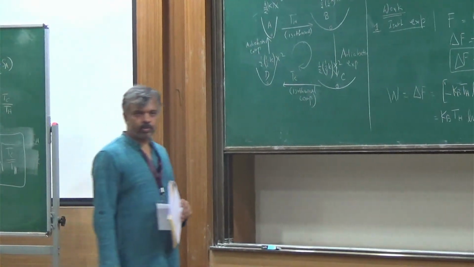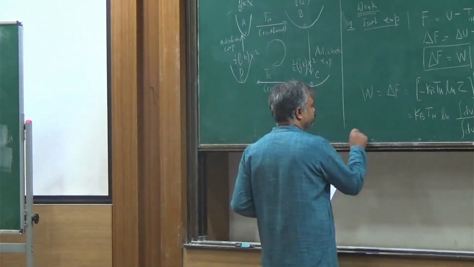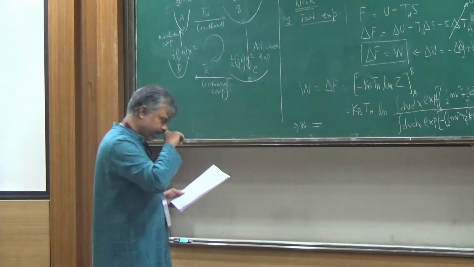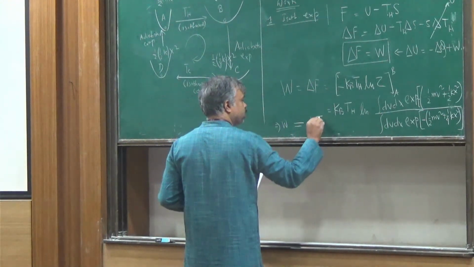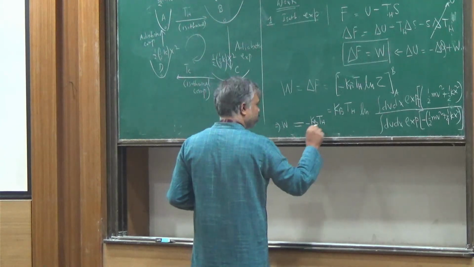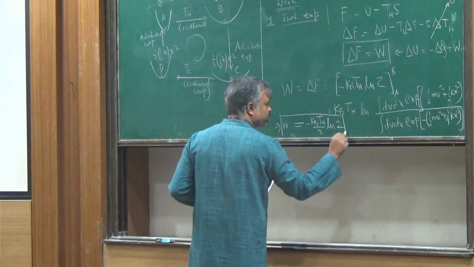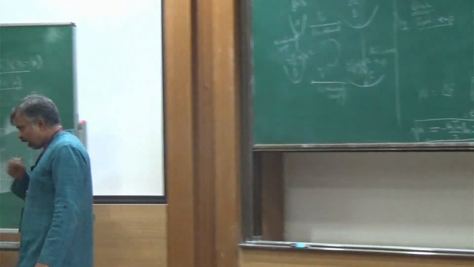Clear? Then I have, that's for W. This is a Gaussian integral, everyone can do it. So this is k_B T_H by 2 log. So this is the work done in the isothermal expansion.